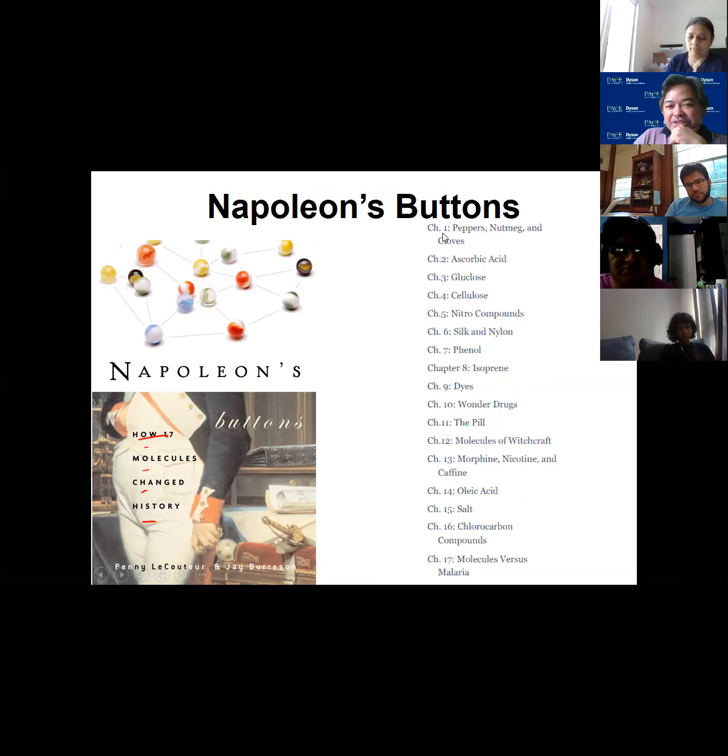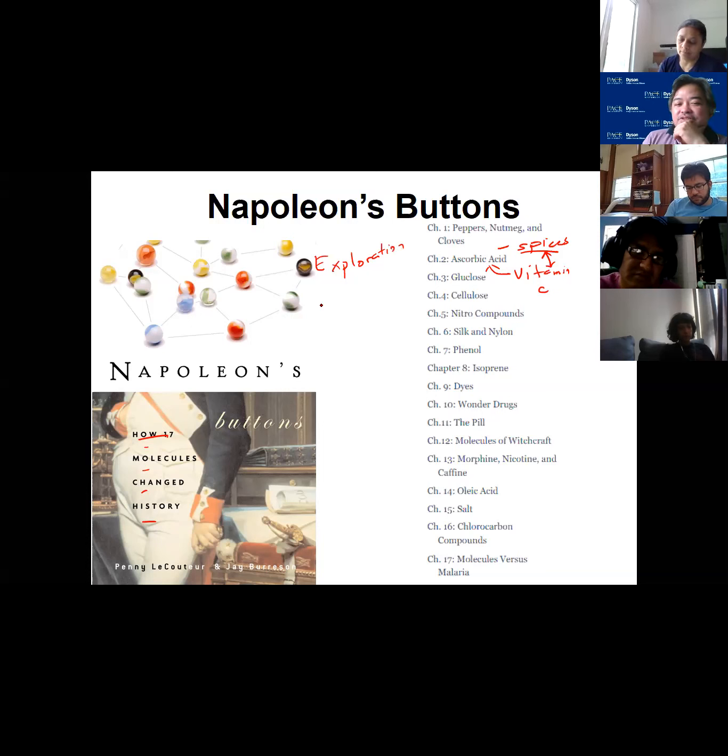Okay, so the first chapter that they have there is what? Peppers, nutmeg, and cloves. In short, spices. And then ascorbic acid, what is it? Vitamin C. Now those two are related because during the 15th century, you have the so-called exploration age.